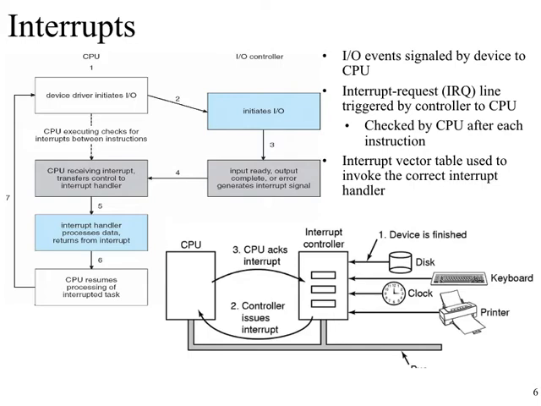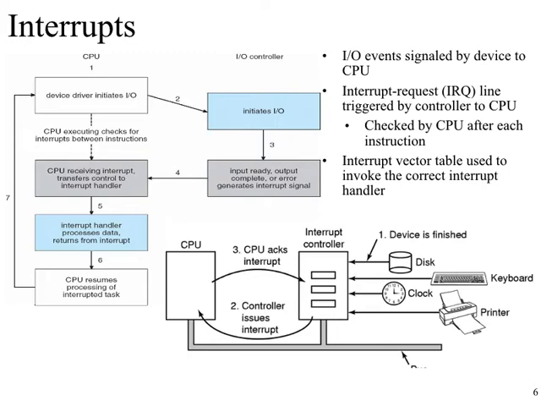So interrupt-driven I/O works as follows. The device driver initiates the I/O operation by talking to the I/O controller. The I/O controller then performs the I/O operation. Once the I/O operation is complete, it generates a signal, or an interrupt, that is received by the processor.